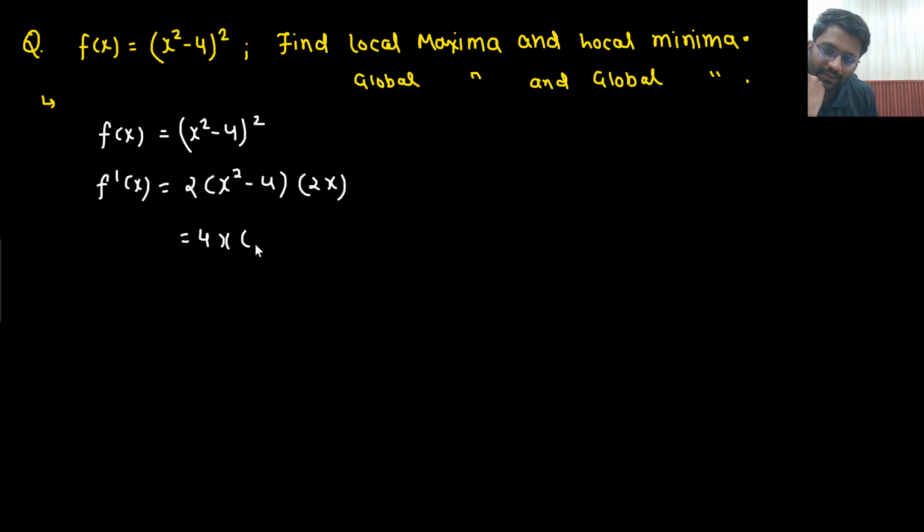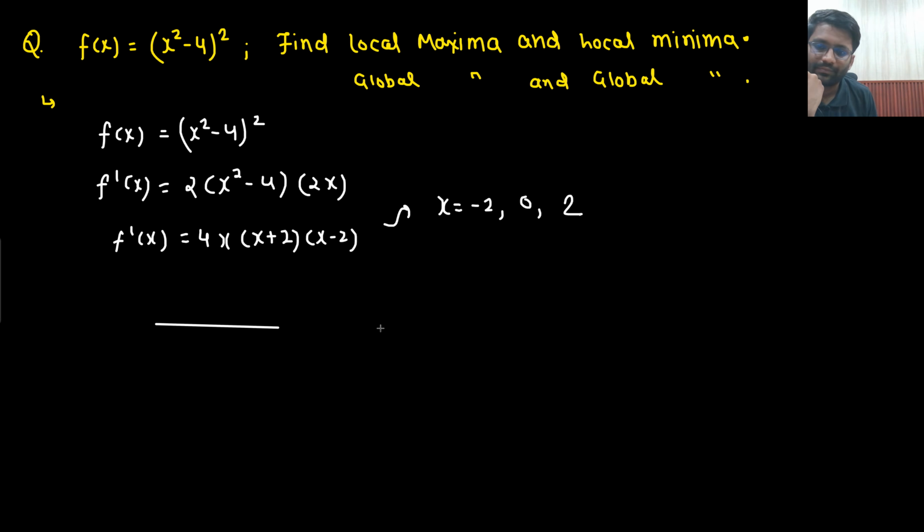So this will become 4x(x plus 2)(x minus 2), f dash x. So from here the values of x we are getting are -2, 0 and 2.